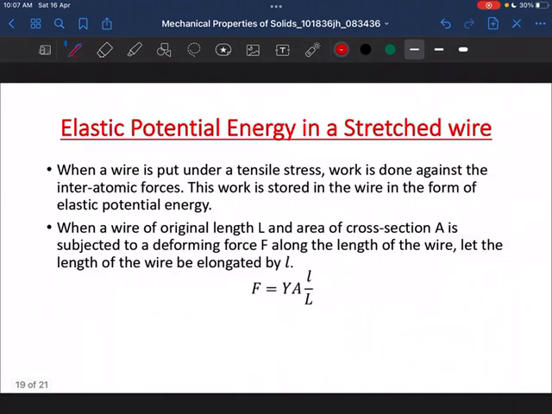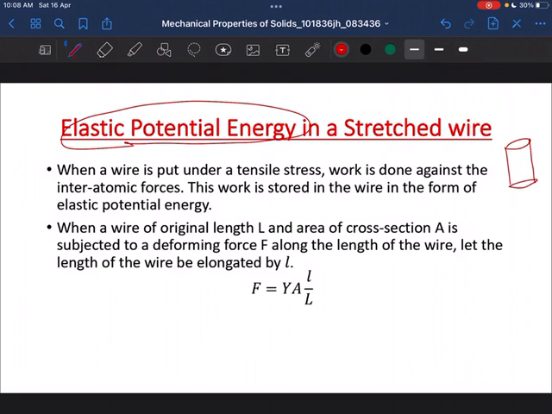Now we have elastic potential energy in a stretched wire. So how much potential energy is generated in a stretched wire? When a wire is put under tensile stress, we all know it is like this.